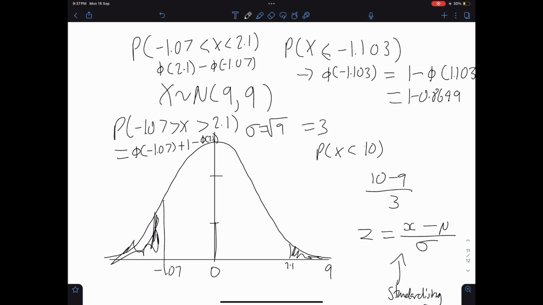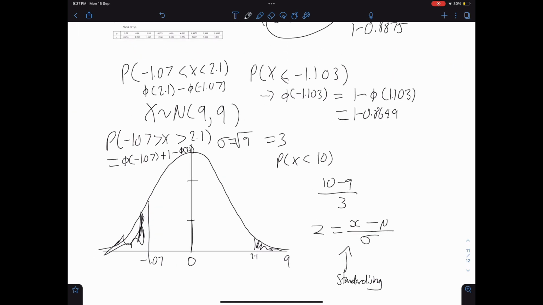That makes sense. Again, sketch a curve and then shade in the things you need to do, and then you can see what you need to minus and what you need to add.